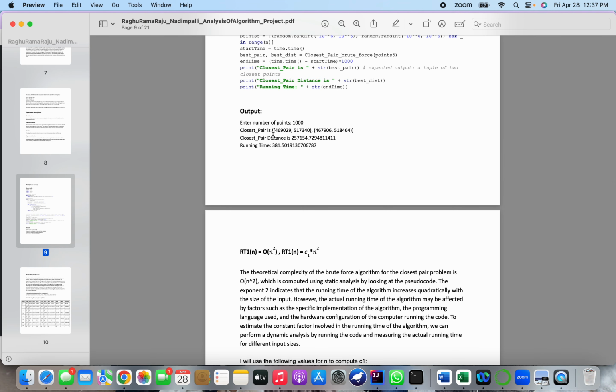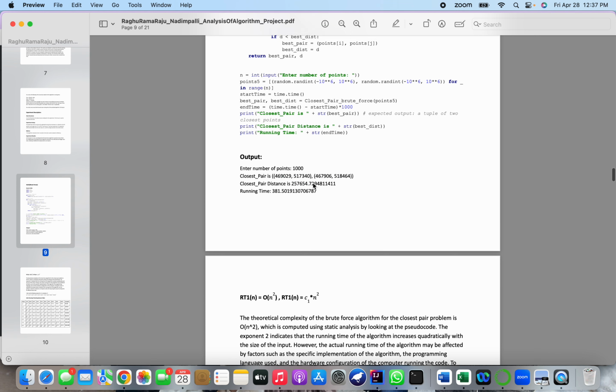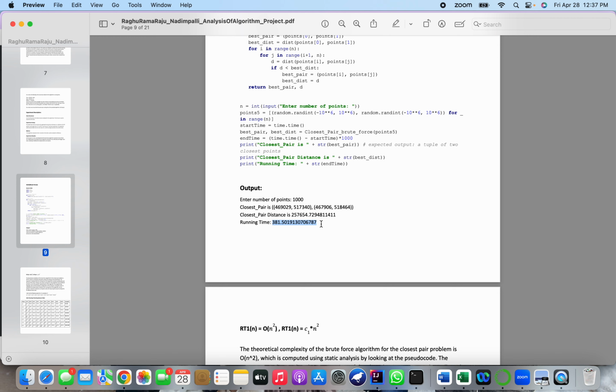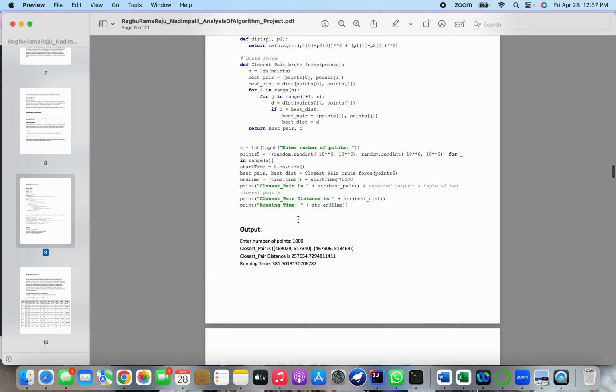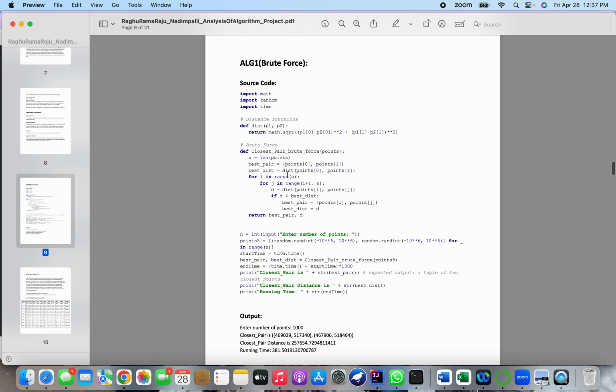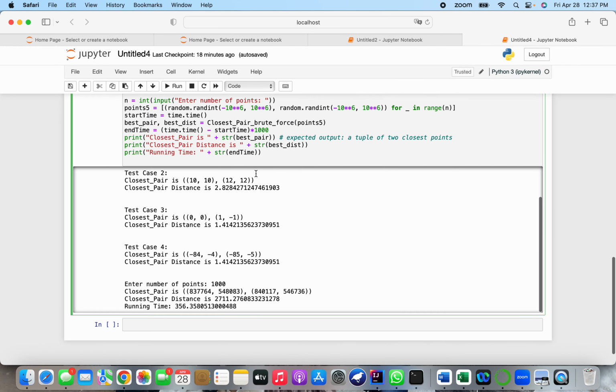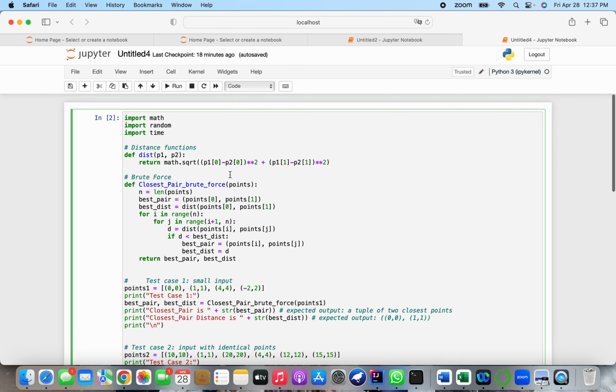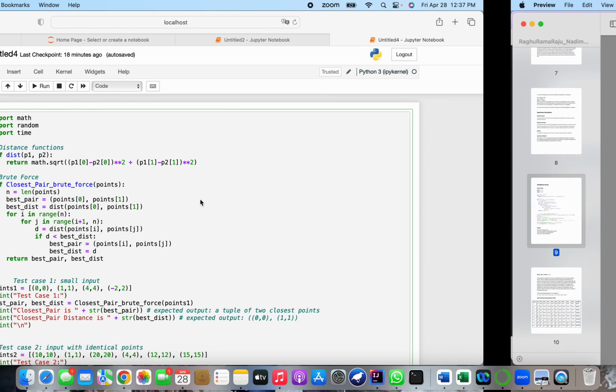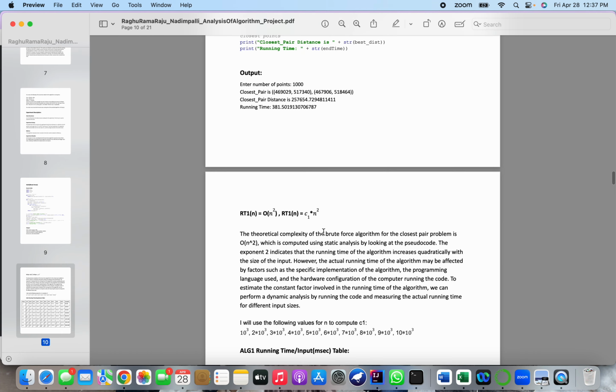So these two are the closest pair, and this is the distance between them. And I'm also computing the running time. I will explain all of this in detail when I execute the program and show you the output. So that will be the input and output.